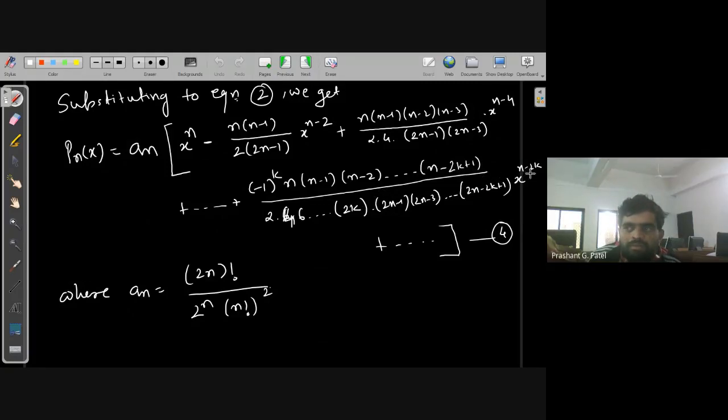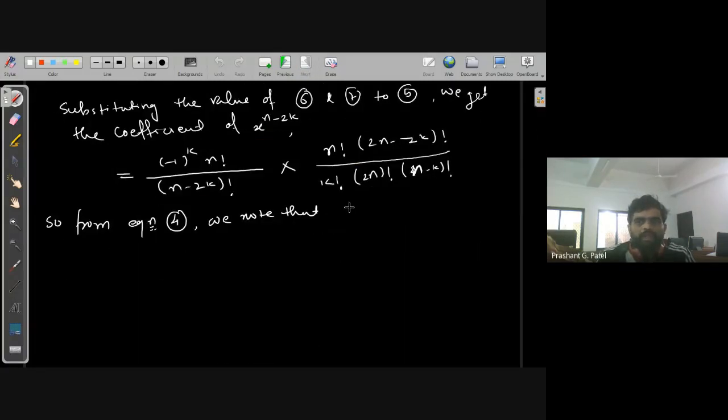Whenever this n minus 2k is greater than or equal to 0, that means n is greater than or equal to 2k, which I can equivalently write down n minus 2 is greater than or equal to k, which I can write down k is less than or equal to n minus 2. All these statements are same. So that we can write down there.